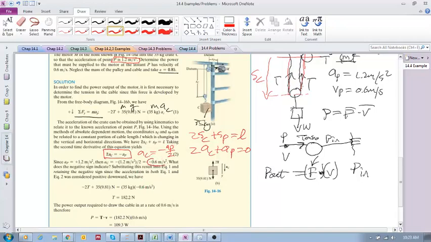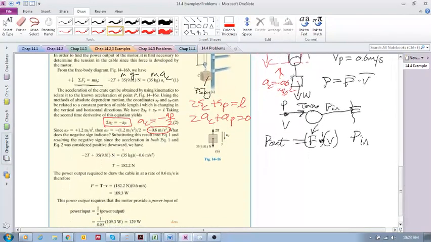This is what we get for the acceleration of the crate. Acceleration of crate is minus 0.6, meaning it's accelerating upwards. Okay, meters per second squared. Okay? So now we can go back to this equation. We plug in our acceleration of the crate, which is minus 0.6, which we do there, and we calculate T.